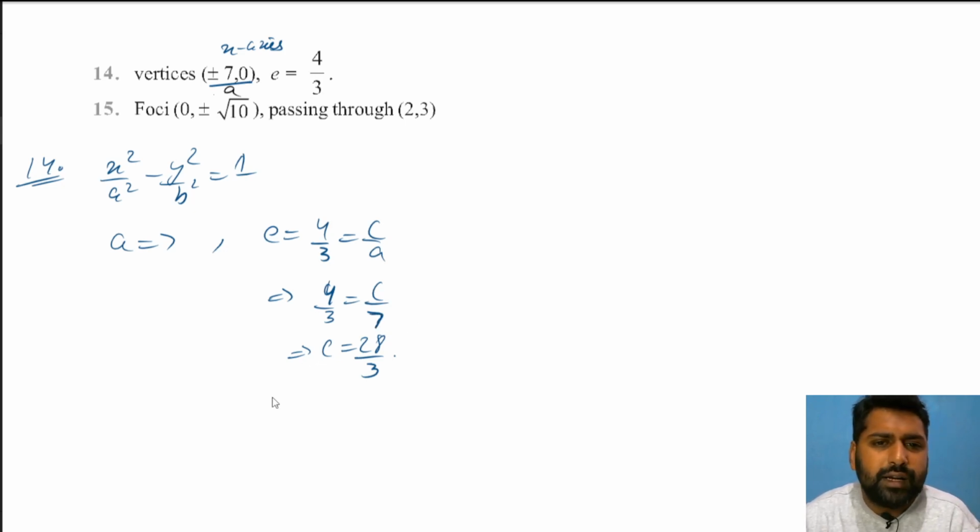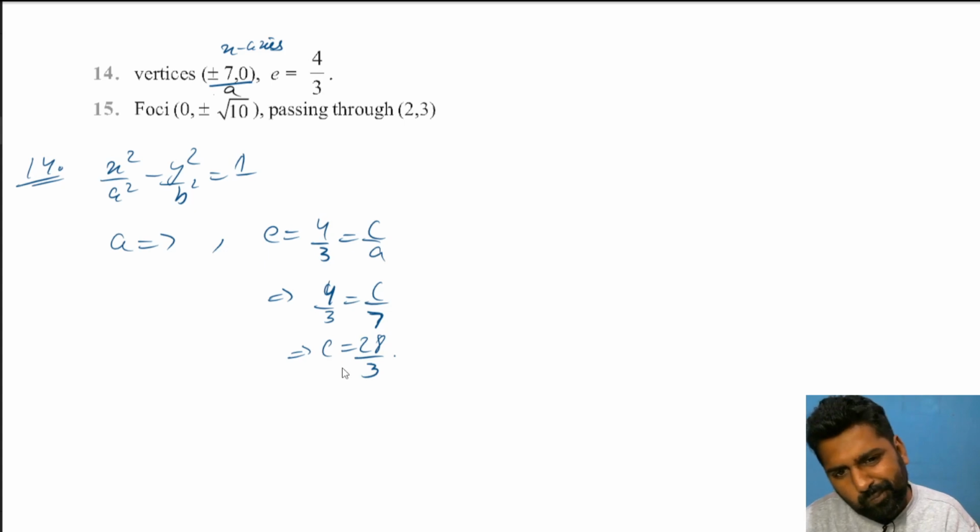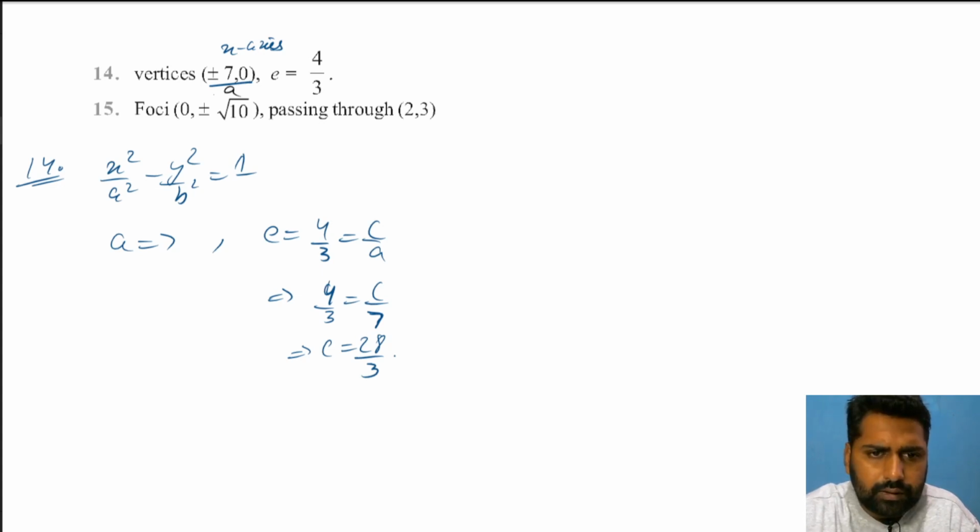Now we have to find b accordingly. Quite complicated, huh? Let me see. Alright, let's continue. The value is okay, I checked. So c is this fractional value. Let's calculate b now.